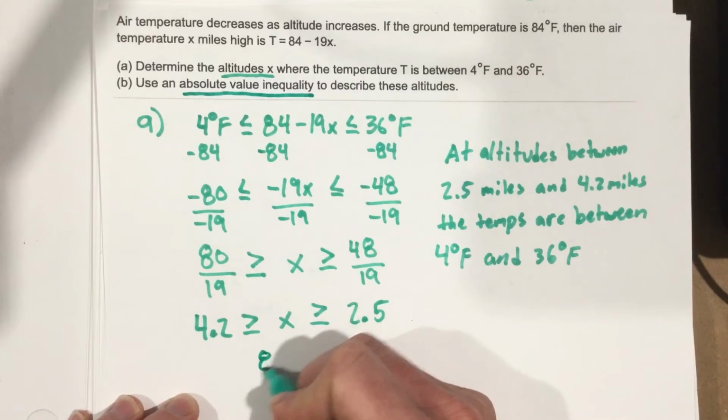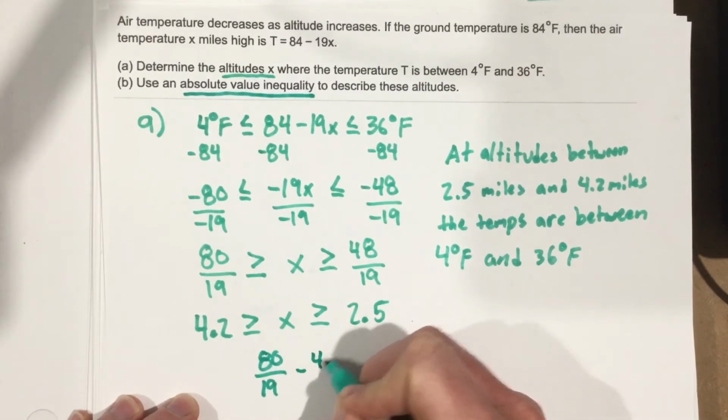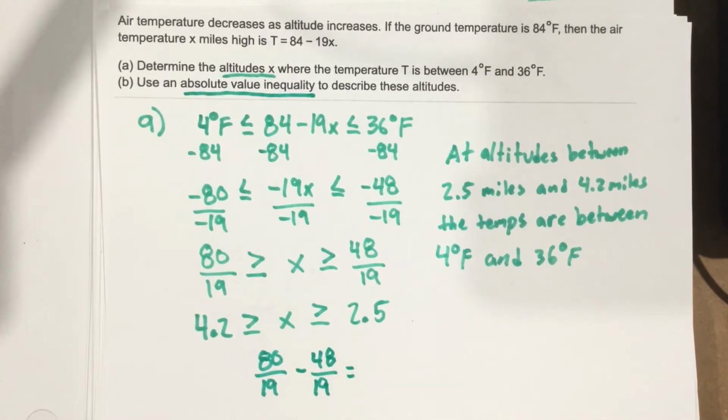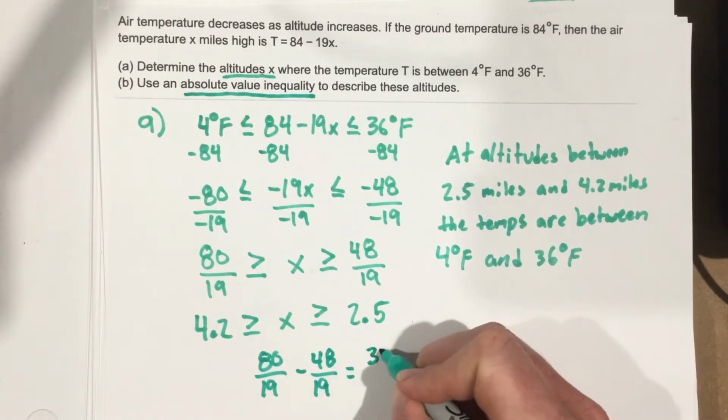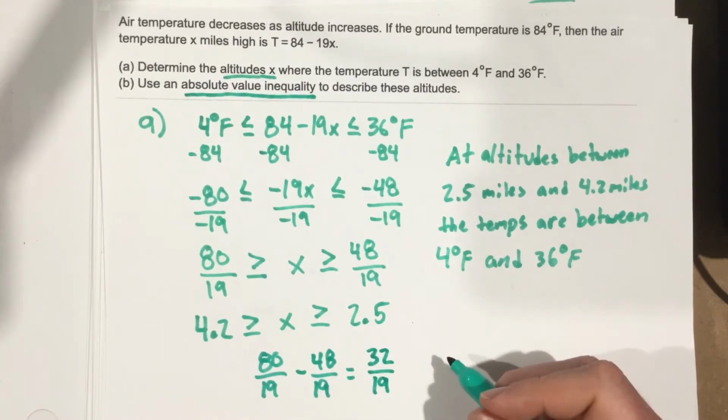So 80 over 19 minus 48 over 19. 80 minus 48 is 32 over 19. So the difference between them is 32 over 19.